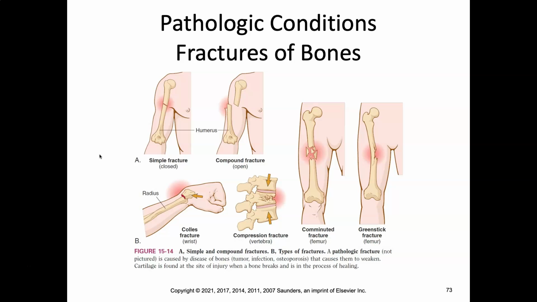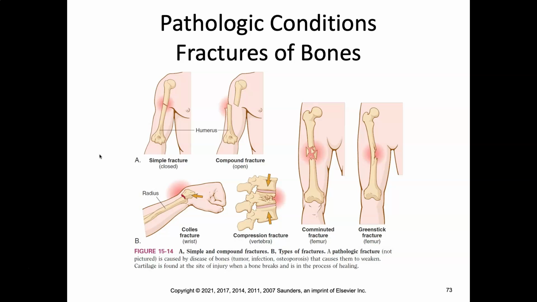So let's talk about some fractures. What are some types of fractures you can get? Well, you can have a simple fracture, which is just basically the bone is in place, but it has fractured, it's broken. You can have a compound fracture. That's called open, because a compound fracture is actually the bone has come through the skin. That is a severely traumatic situation.